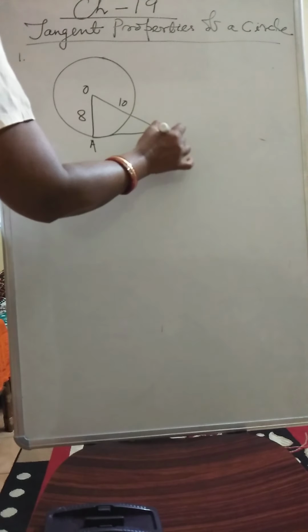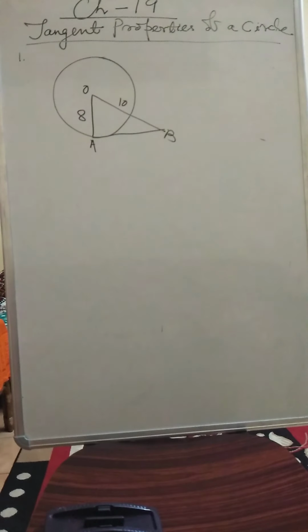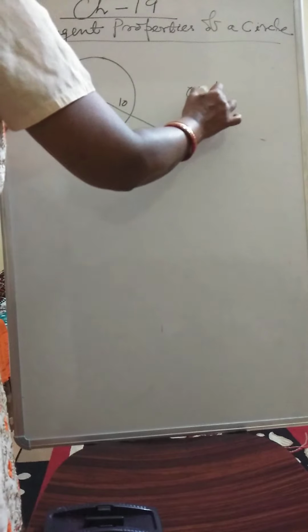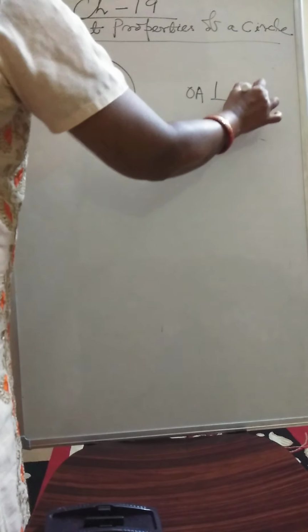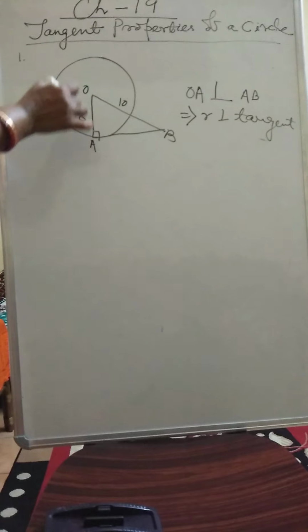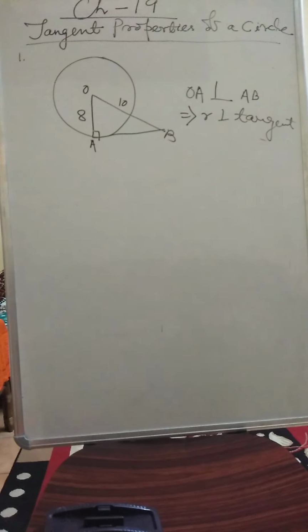This is 10 centimeter. Now I'll write OA is perpendicular to AB because radius is perpendicular to tangent. This is the tangent, this is the radius. Therefore, I am writing radius is perpendicular to tangent.